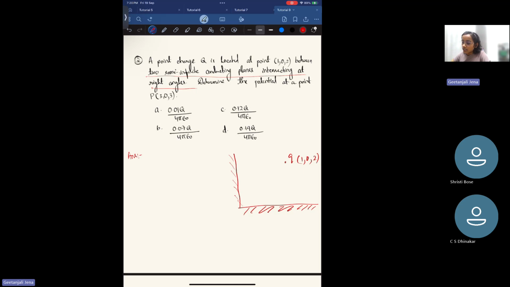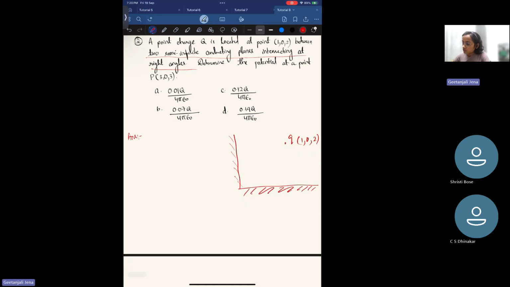Determine the potential at a point P (3, 0, 3). This is somewhat related to one of our previous problems, but for that case we wrote only the general expression. For this case we need to calculate the exact value of the potential.